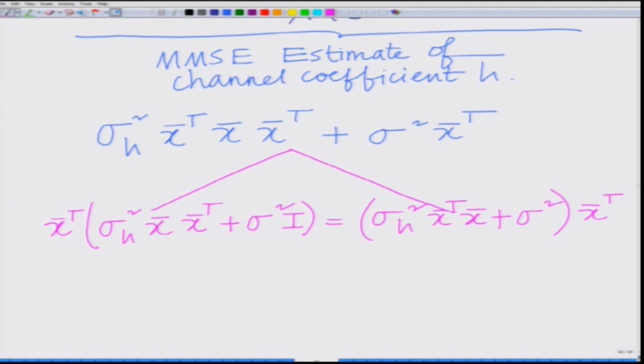In one we are taking x bar transpose common on the left, in the other we are taking x bar transpose common on the right. So, these are simplifications of the same expression, therefore, these are equal.